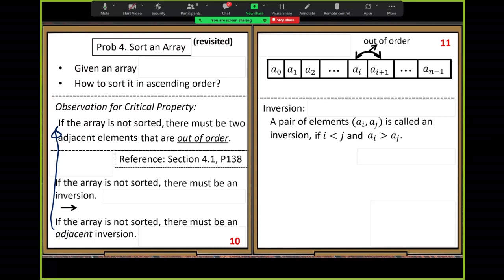All right. So here you can see these two statements are both true, so we can treat them as properties. But in the first statement, we use the global inversion.